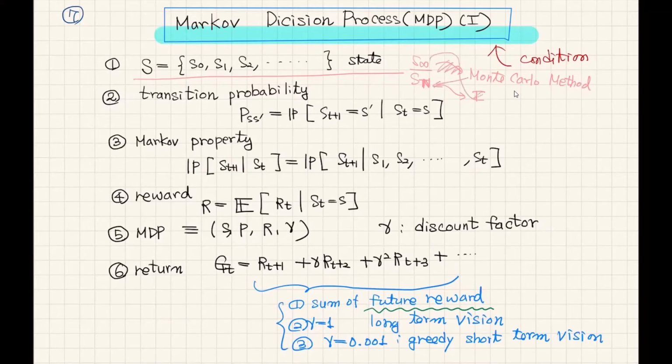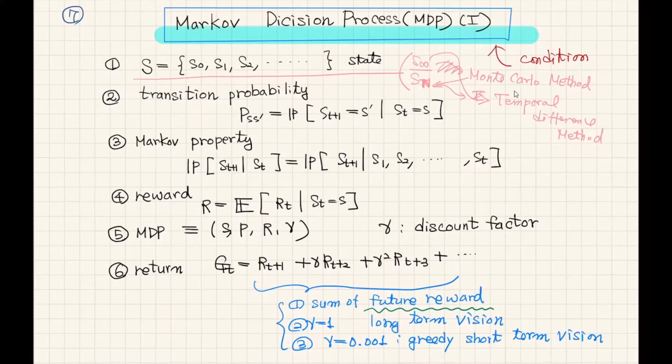If it is infinite, we can apply the temporal difference method. Depending on whether the state is infinite or finite, we can use different methods. For example, in Go play, there is a maximum number of states.